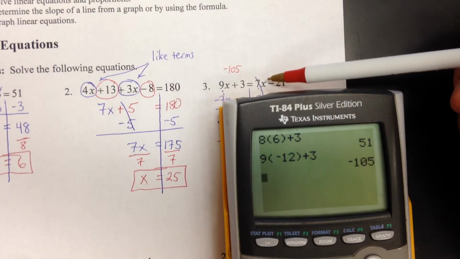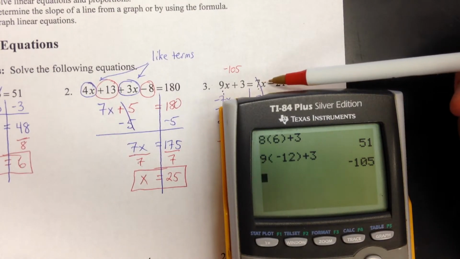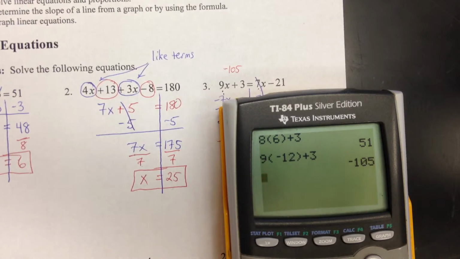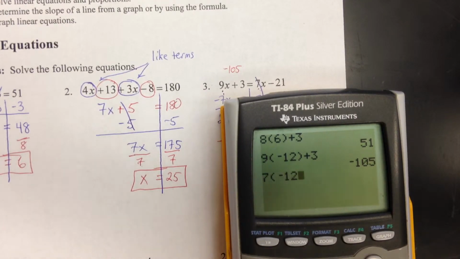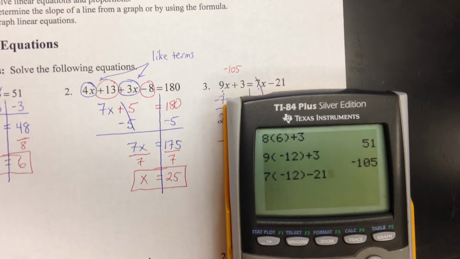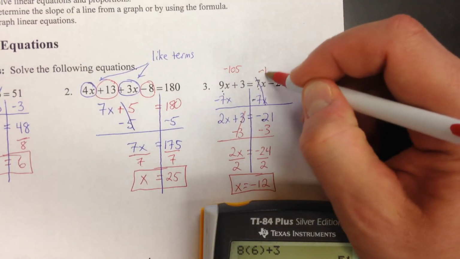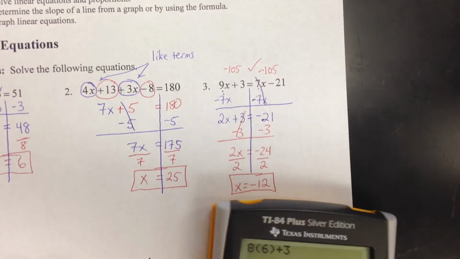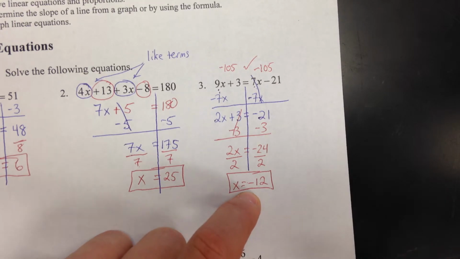So I'm going to substitute it into 7 times x, and again my answer was negative 12. 7 times negative 12 minus 21. Now if it equals negative 105, that tells me that my answer is correct because it makes both sides the same. And it is, negative 105. So this is my check right here. That's how I know that this answer is good.